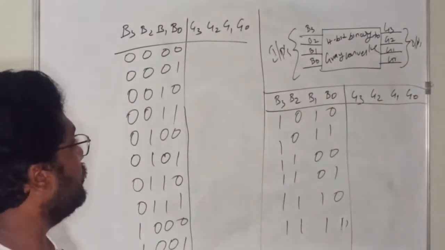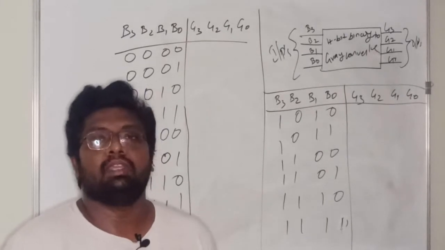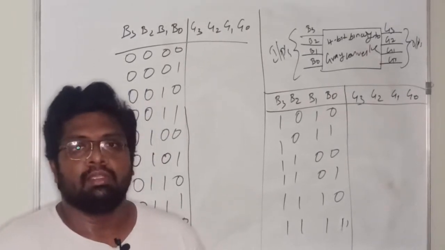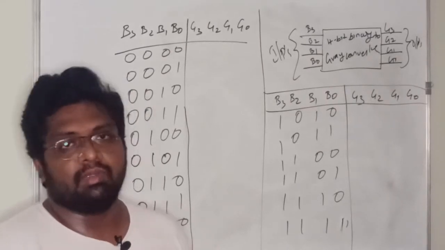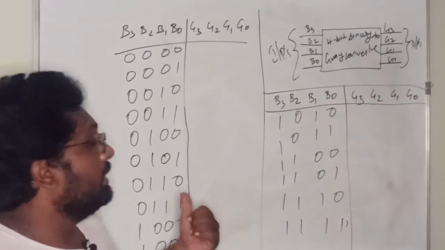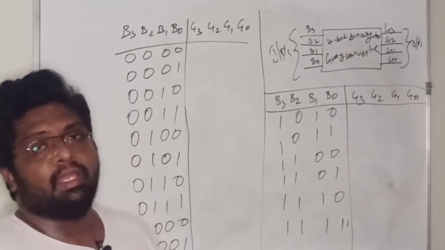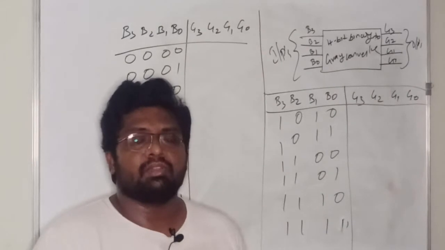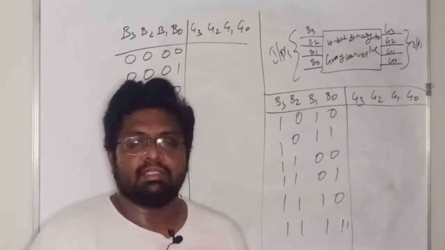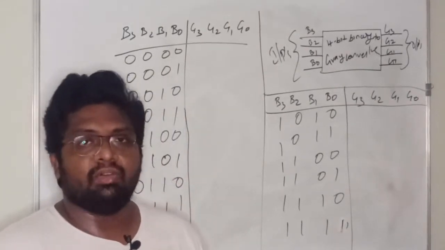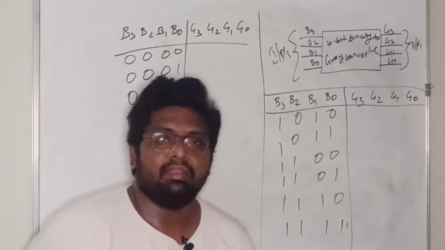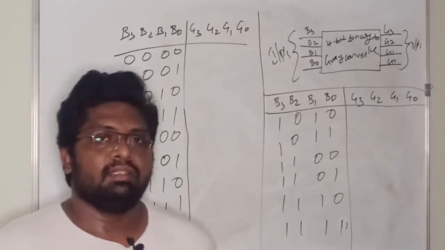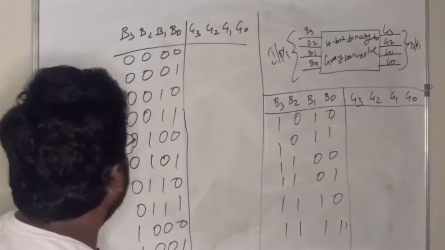Now how do we convert a binary code to a gray code? As we discussed when we were discussing the codes, we have already seen how to convert binary to gray code. What is the process? The first step is that we place 0 in front of the MSB, and using that we XOR the remaining bits.